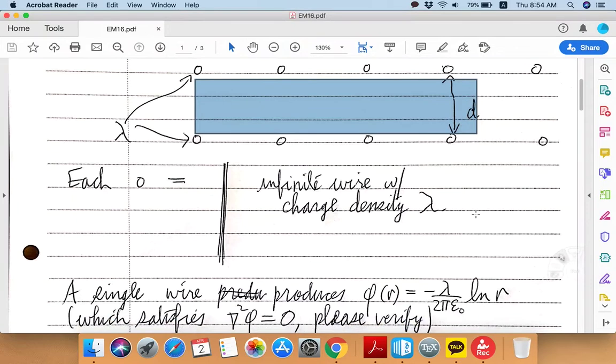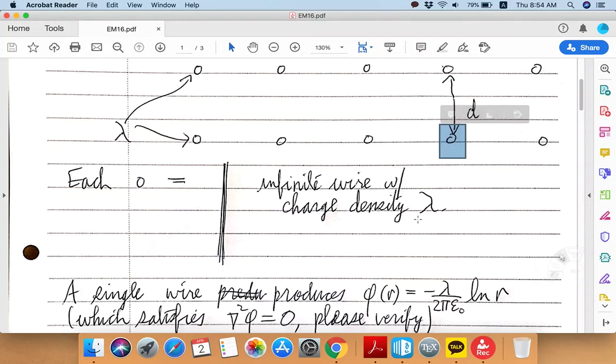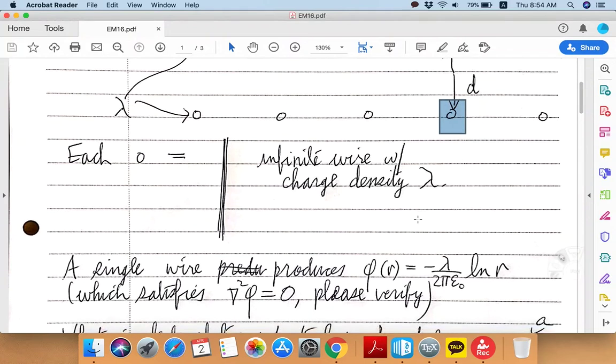Okay, so how do we solve this problem? Well, we'll try to solve the problem of the potential produced by this array of wires. And in order to do that, let us first recall the solution of a single wire like this.